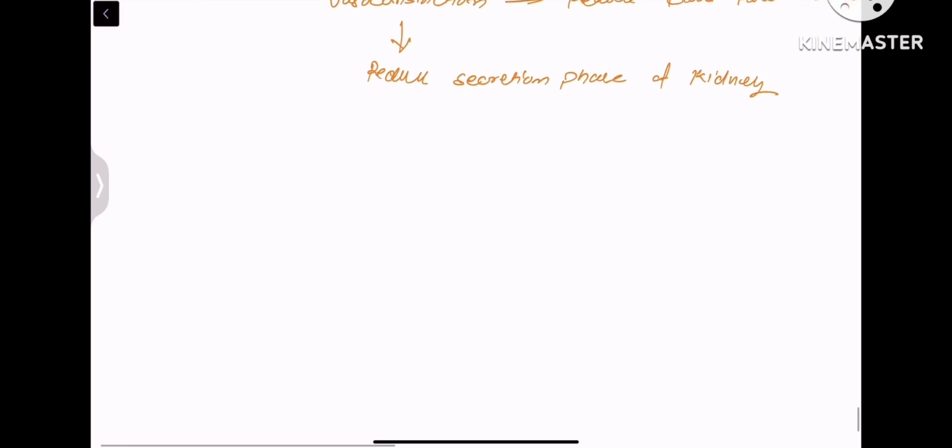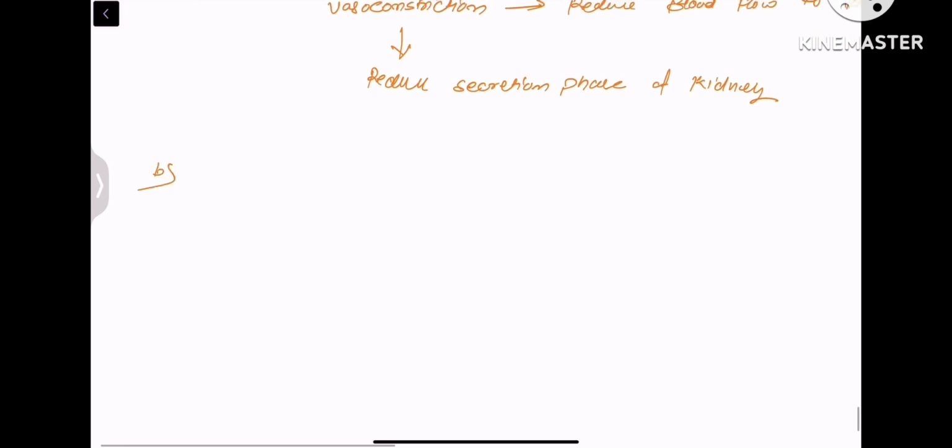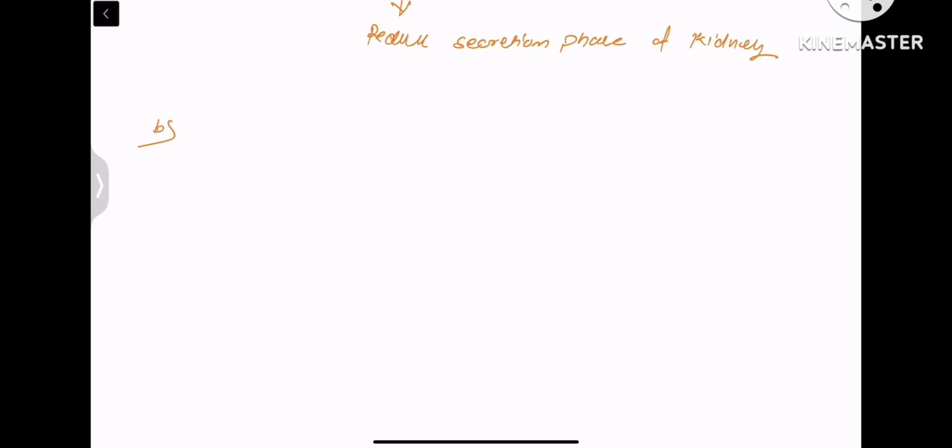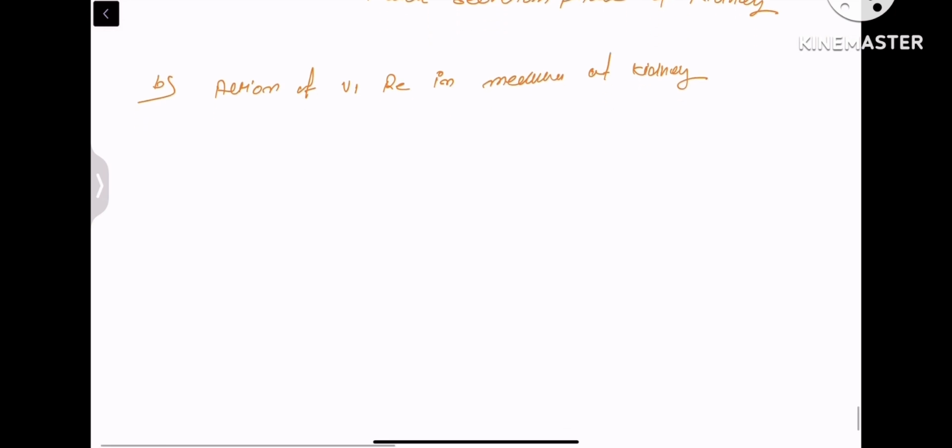Now, the other action. The V1 receptor is also present in the medulla of the nephron, kidney. So, action of the V1 receptor in the medulla of kidney.